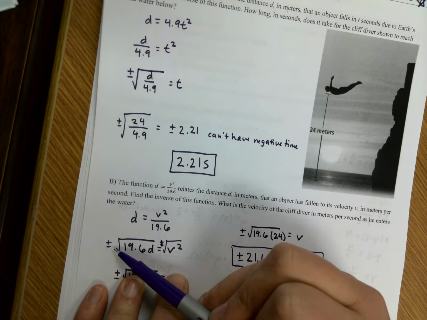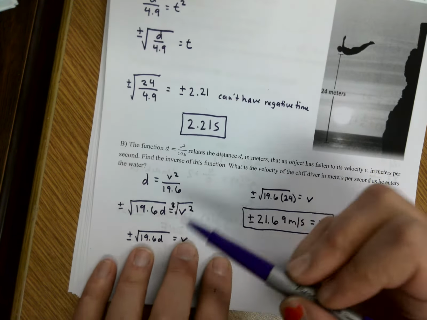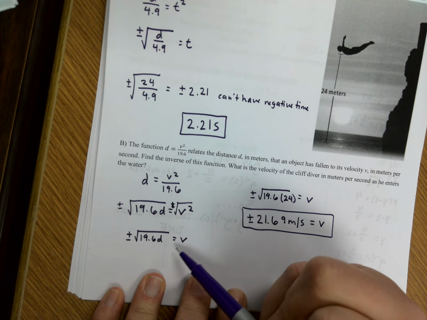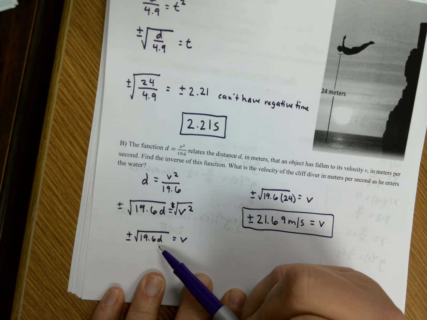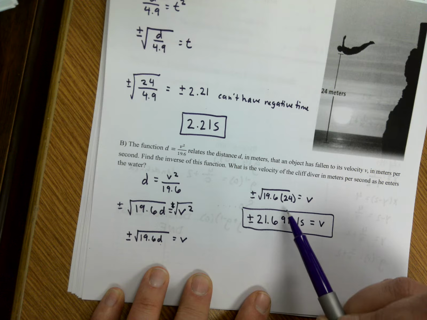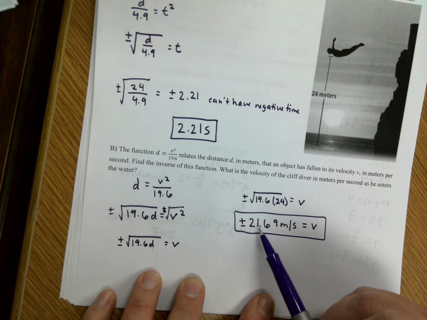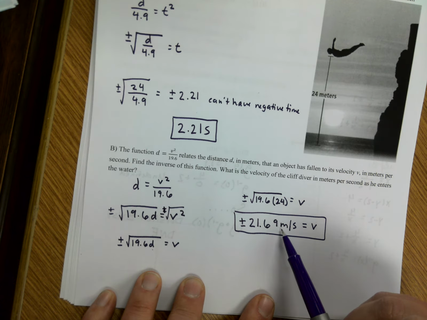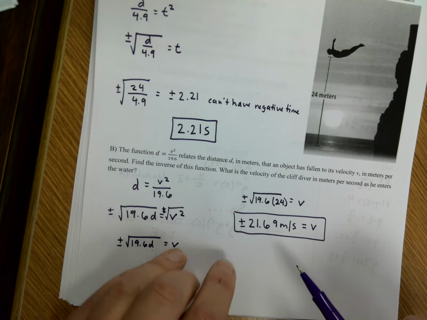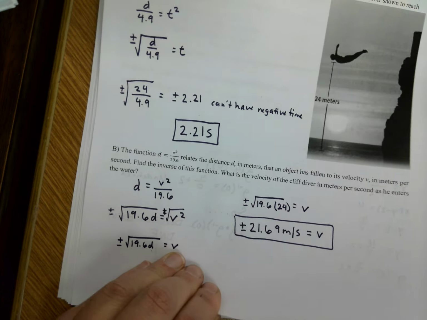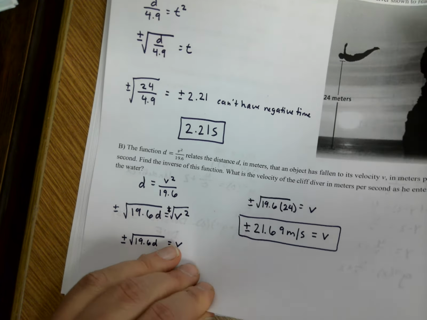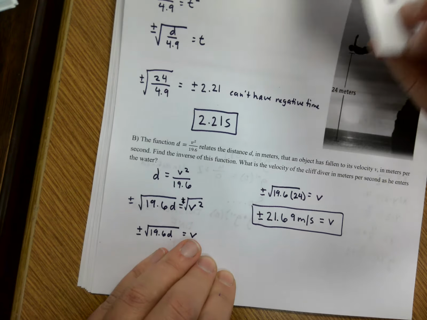Here's that positive, negative when you take that square root. And now here's my velocity. Here's my equation for velocity. Same thing, I'm going to plug in my 24 here, and I get my velocity could be 21.69 meters over seconds. If you're like, wait a second, you can really have a negative velocity? Take physics, and you will be on the right track.